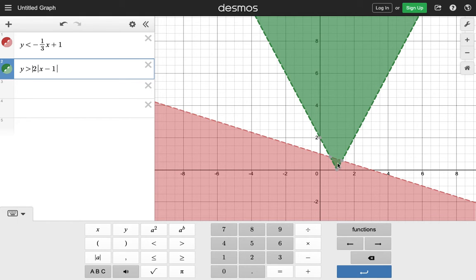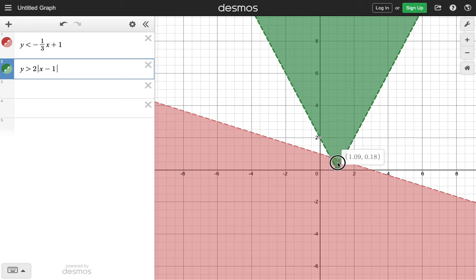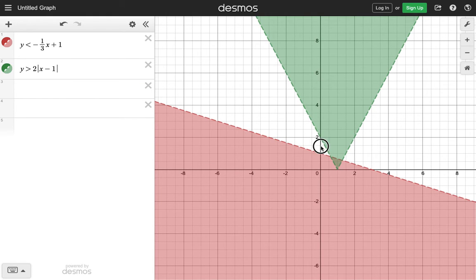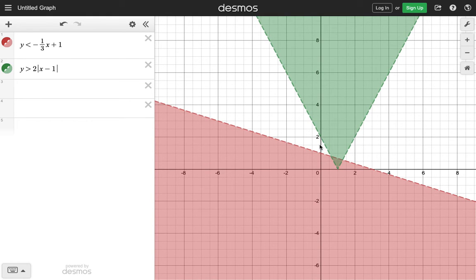Go up here and this is 2. This would be 1.